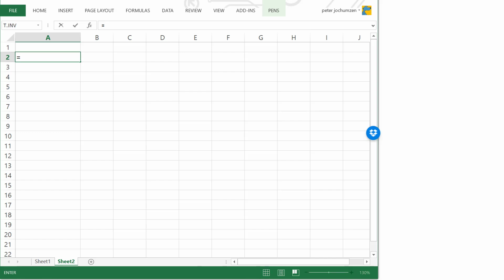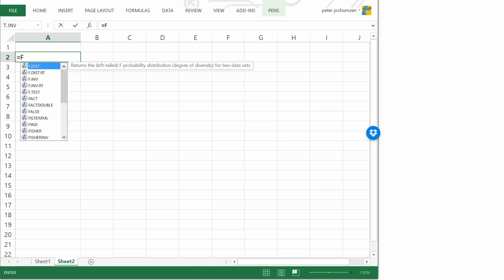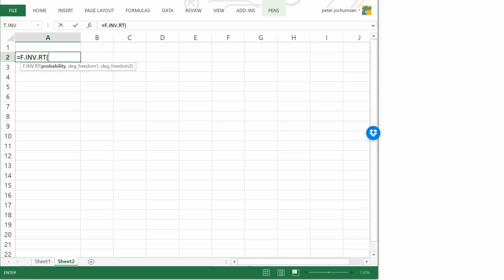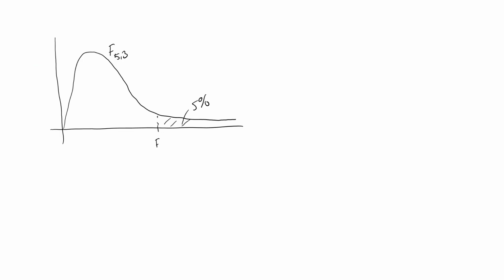And the function you would use is then the F.INV.RT, the inverse problem, and you want the right-hand tail. You do probability 0.05. The degrees of freedom, you have to do them in exactly this order, 5, 3. If you do 3, 5, you will get a different answer, and this is 9.01.